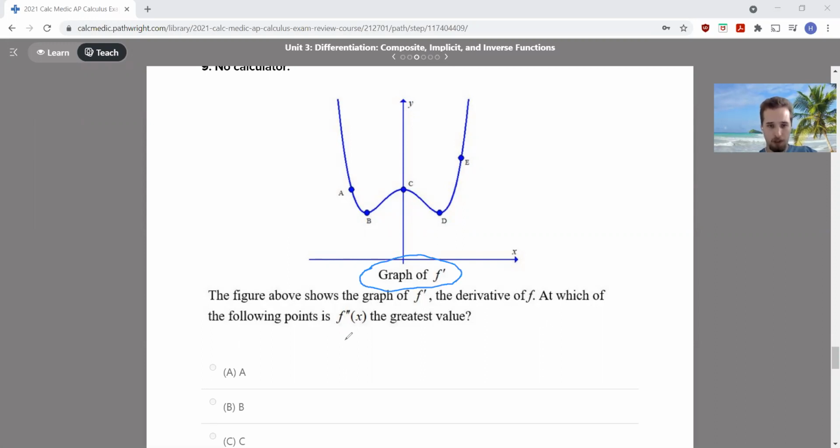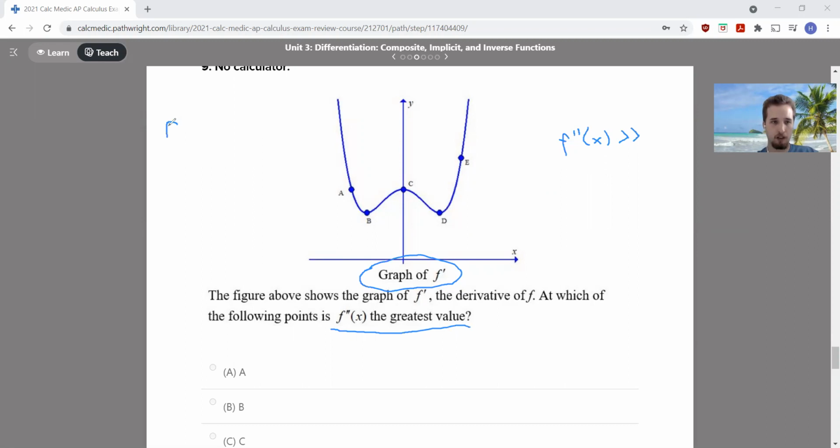They want to know at which of the following points f double prime has the greatest value. Okay, so f double prime is the derivative of f prime, right?